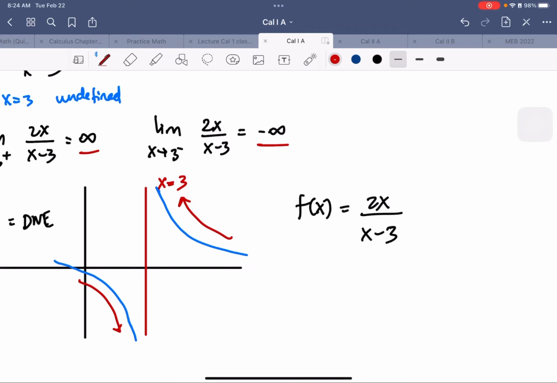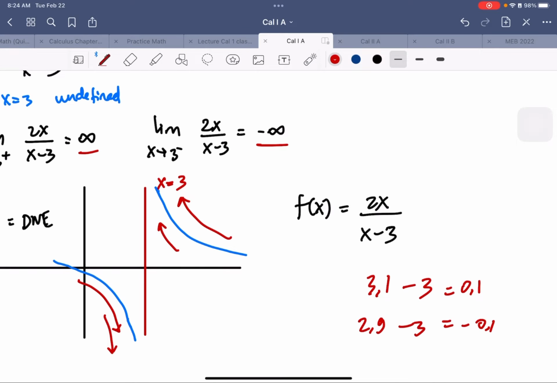Replace x with maybe 3.1. If this is x minus 3, it's just 0.1, right? It's still positive. So the right side of 3 will go up. If we look from the left side, let's say we have 2.9, it will be negative, right? That's why it's going down.